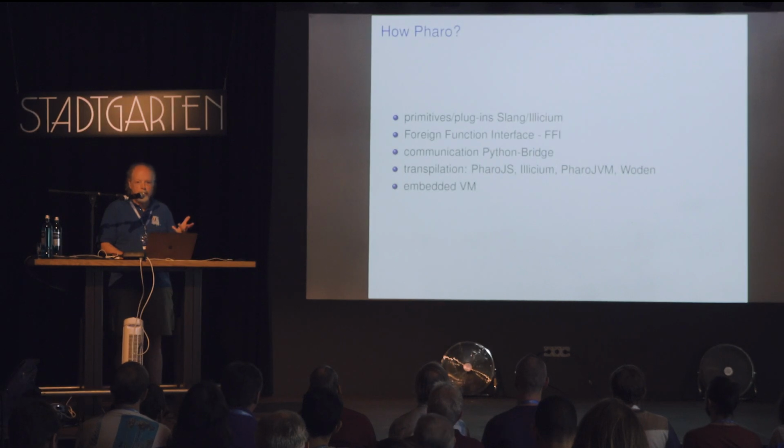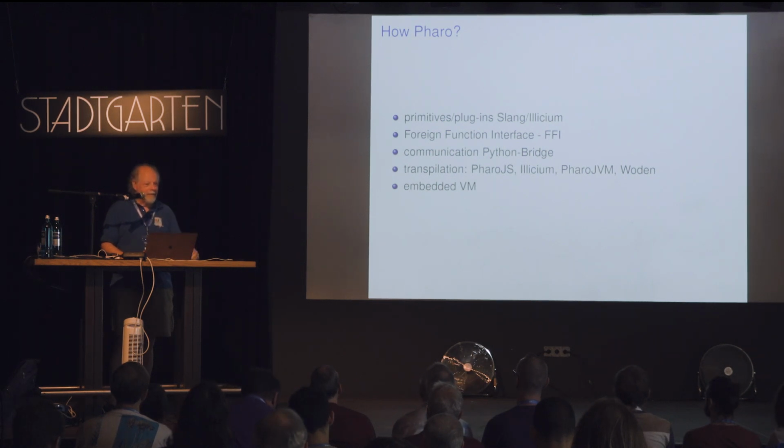And the last approach is embedded VM, which I had to add to the slide a couple minutes ago, based on the idea that in the not too distant future, you might be able to actually build a VM and include your Smalltalk code in some other application, which is pretty cool.